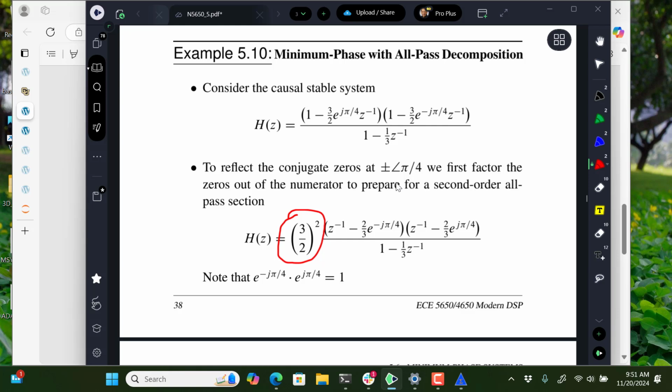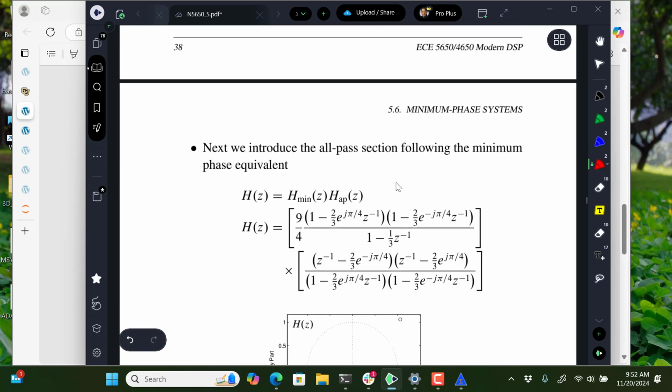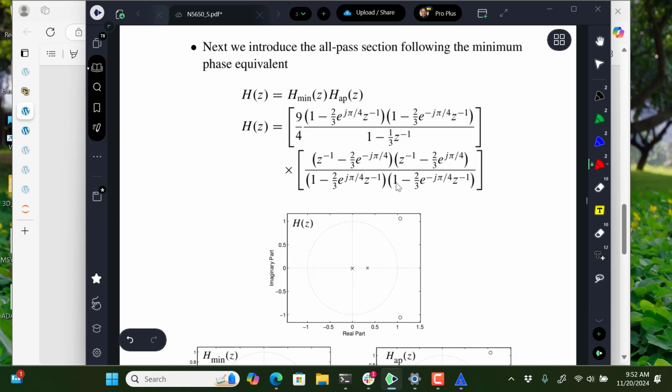This has been untouched. We're not going to move that, but this is part of an all-pass filter that has the zeros inside the unit circle, and then we just need to lay up against that the all-pass filter, which is in the second line down here, that has the zeros in there and then has the poles in it, and then we have the conjugate reciprocal thing going on there.